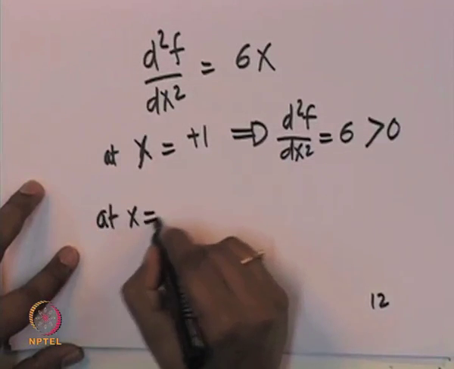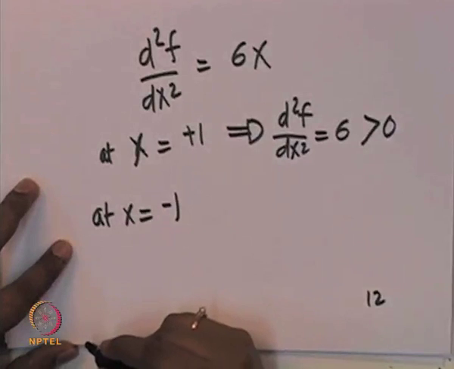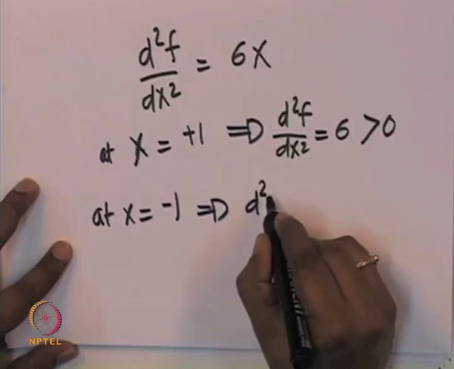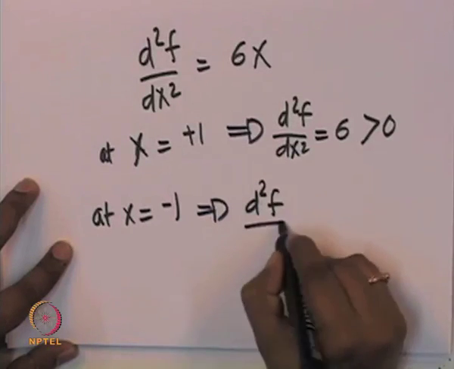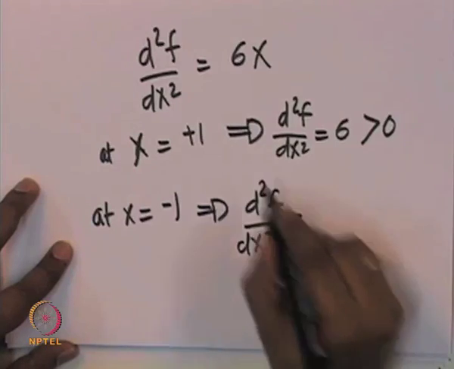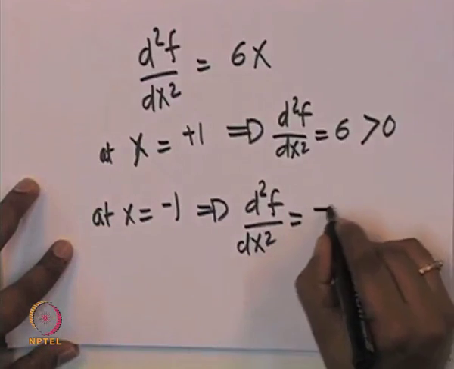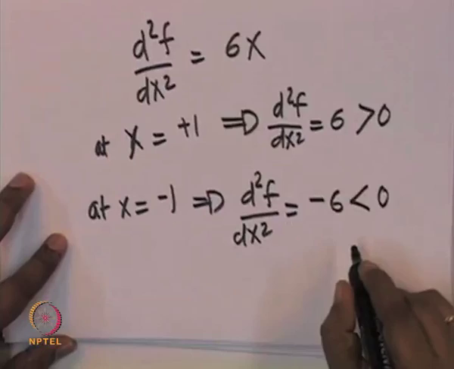At x equal to minus 1, what do we get? d square f by dx square is 6 into minus 1, since we are putting x equal to minus 1. So, this is minus 6, which is less than 0.